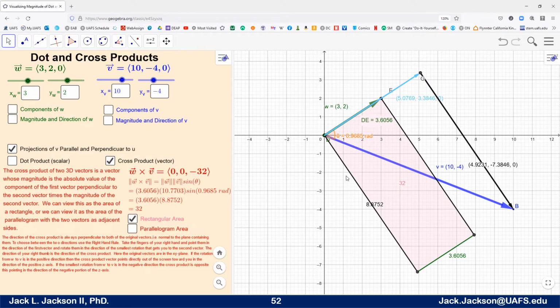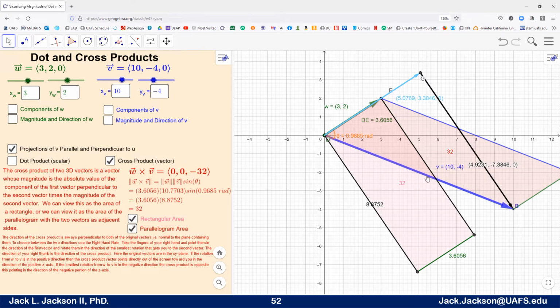And just bring that across with this side here, and we get another rectangle. Well, that 32 turns out to be the norm of the vector that we're wanting. So the norm of the cross product turns out to be the area of this rectangle. Now, it also turns out to be the same as the area of this parallelogram, right? Now, think about it, this parallelogram.